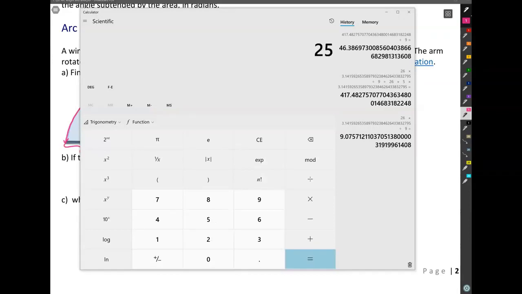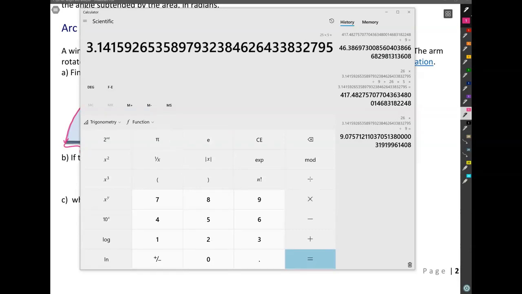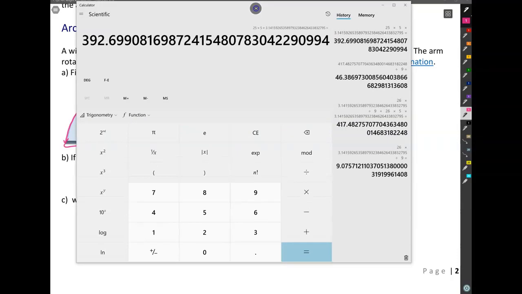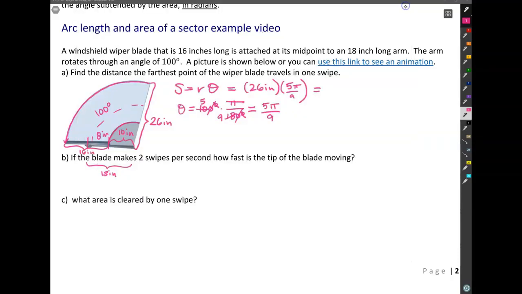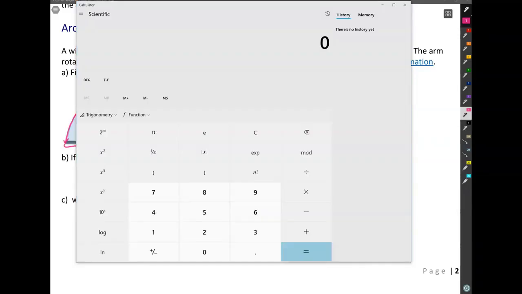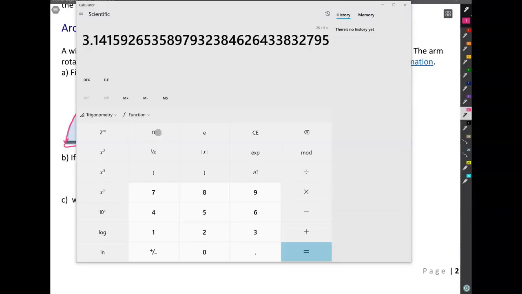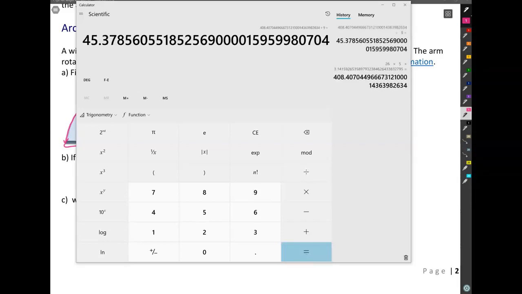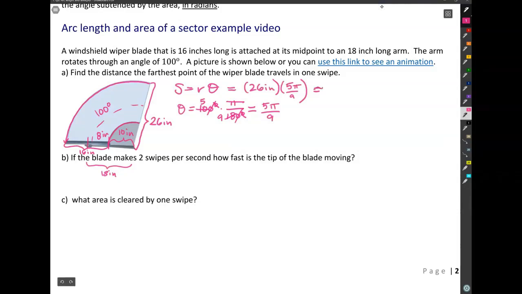We want 26 times 5 times pi. Okay, let's see if I can get this right on the scientific calculator. 26 times 5 times pi, divided by 9, is about 45.4 inches. So let's make that approximate.